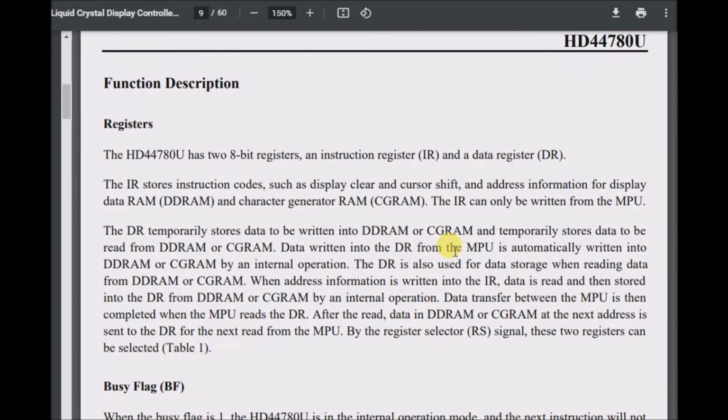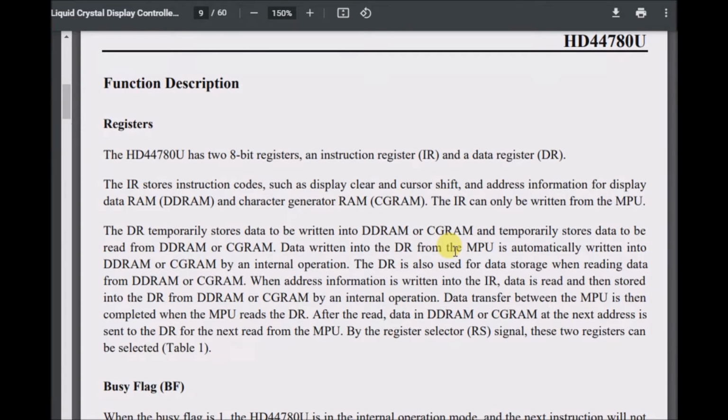The DR is also used for data storage when reading data from DD-RAM or CG-RAM. When address information is written into the IR, data is read and then stored into the DR from DD-RAM or CG-RAM by an internal operation.